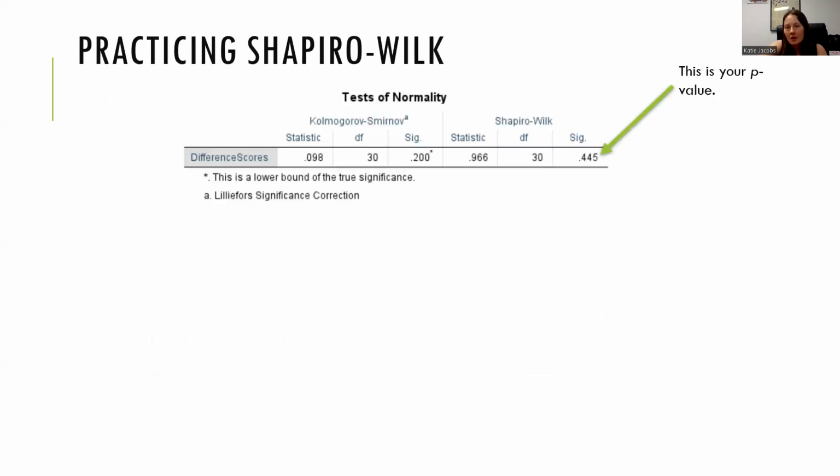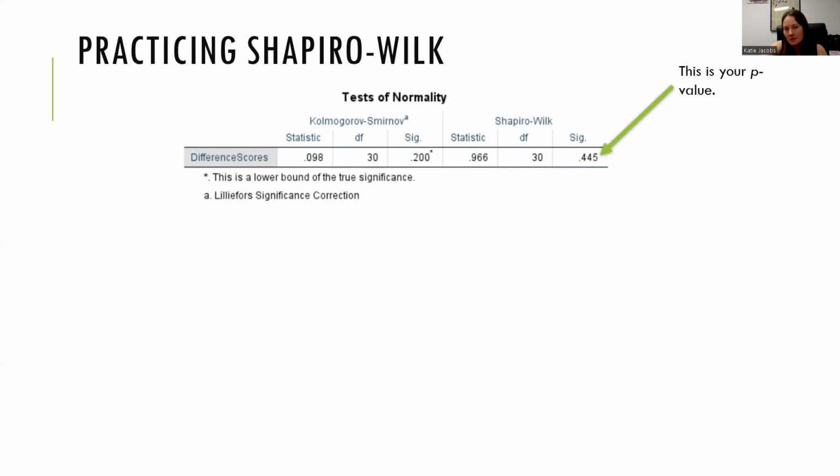All right, so if you see here, I have a screenshot of what it looks like when you print SPSS results. We'll see here, it says test for normality. And then when we're testing for normality, we'll look for the Shapiro-Wilk test information.